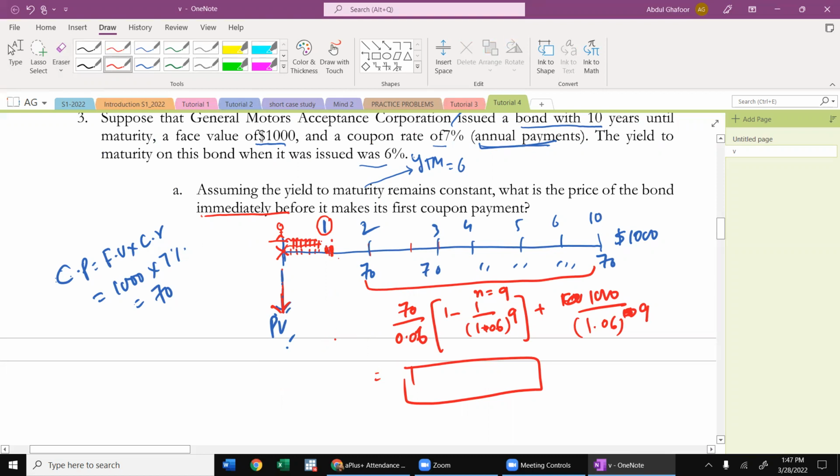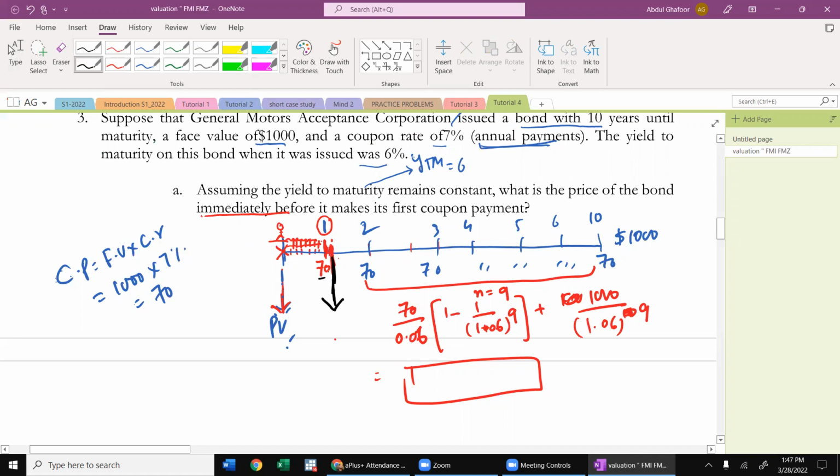The first payment was to be paid at 70 here, but now your position is here. You have just received your payment. In the previous situation, you were about to receive the payment, but here you have already received it, so the 70 is already expired.